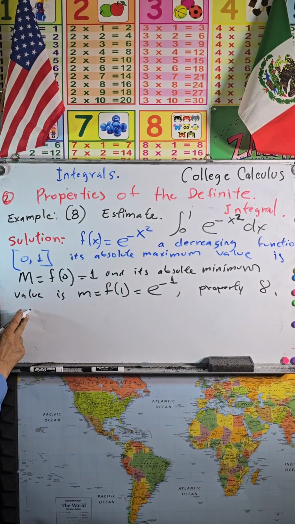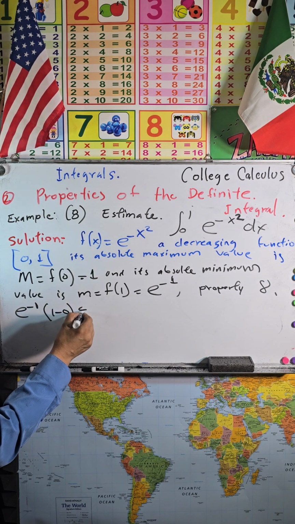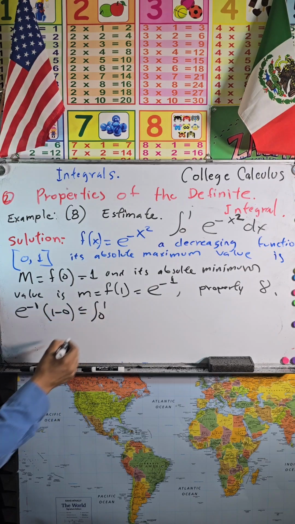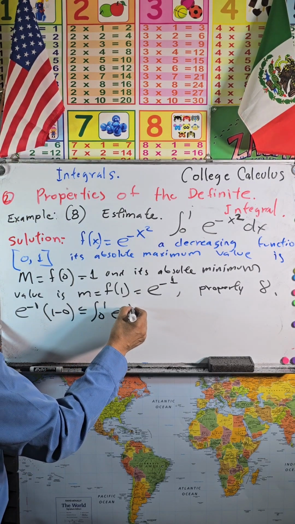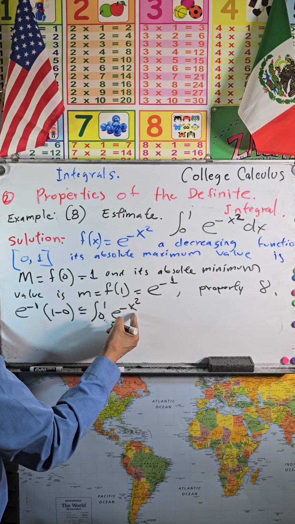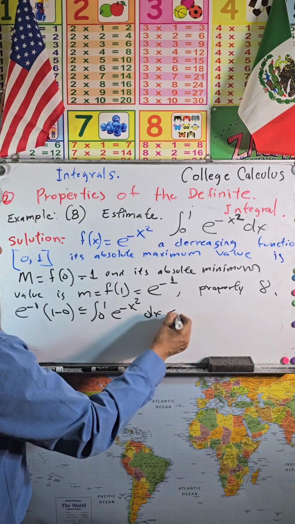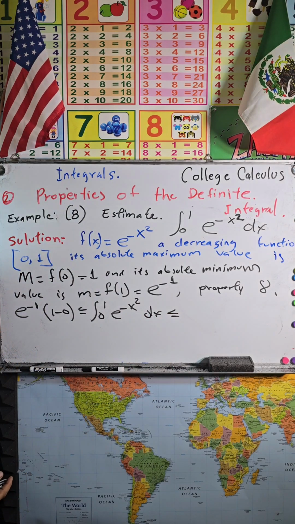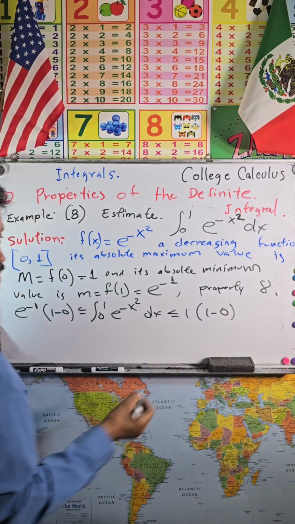So we have here e to the negative 1 times 1 minus 0 less or equal than the integral from 0 to 1 of e to the negative x to the second power, differential of x, less or equal than 1 times 1 minus 0.